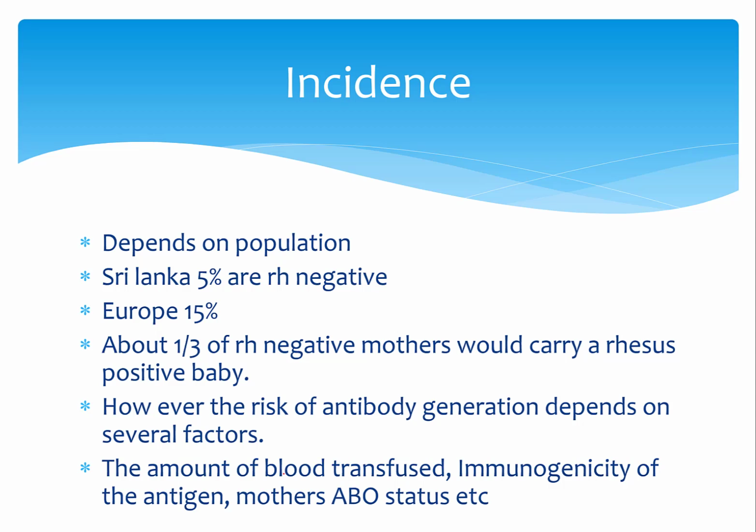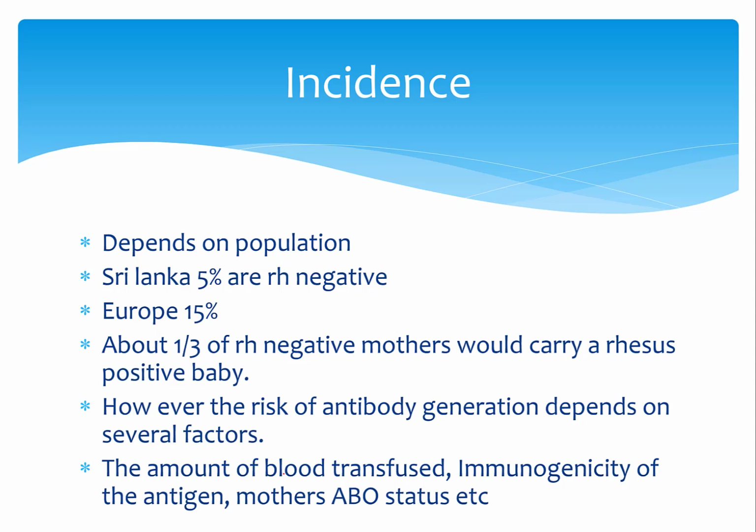So the incidence of antibodies against Rh blood groups depends on the type of population. In Sri Lankans, we have about 4.6 to 5% Rh negative proportion. In European countries, it's higher because this mutation of Rh antigens probably occurred in the Spain or Portugal area.